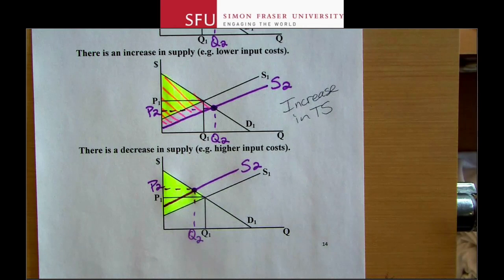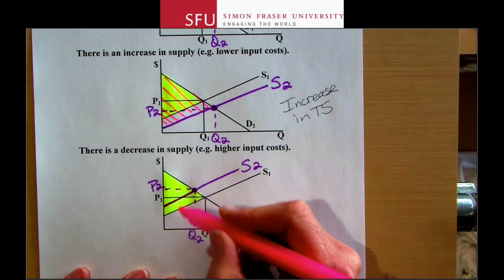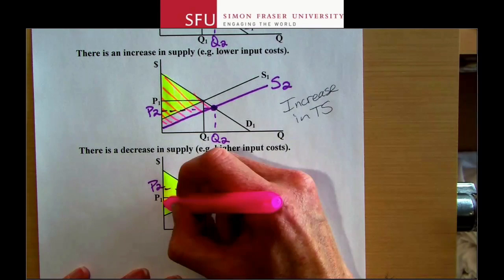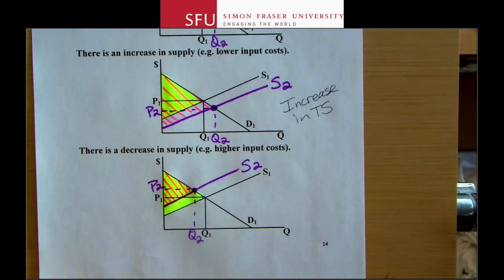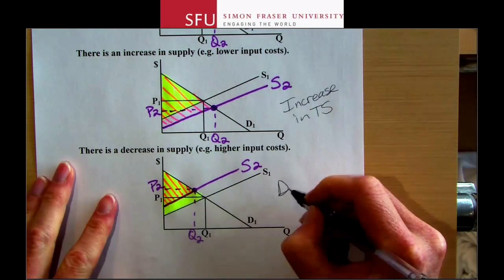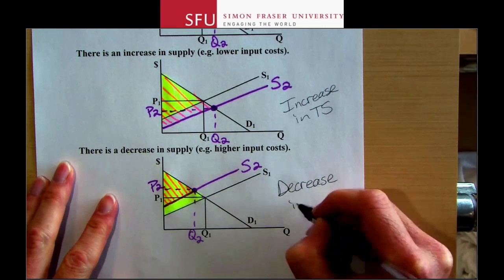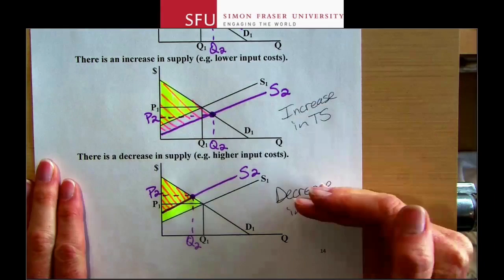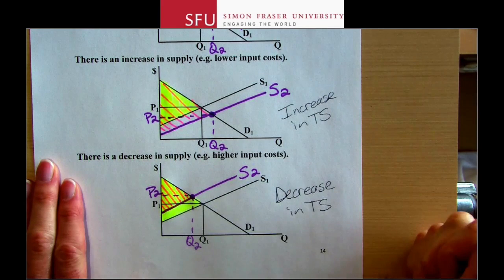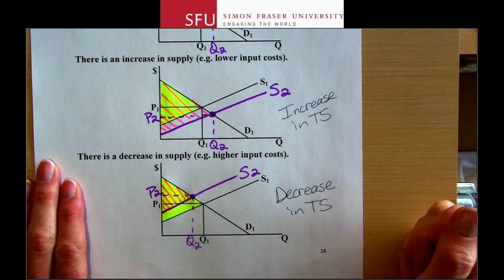And so the quantity is smaller, and then the size of the total surplus is smaller. So this is a decrease in total surplus. We know people are better off if the costs go down, and people are worse off if the costs go up. And so this is just illustrating and measuring how much worse off everybody is when that happens.